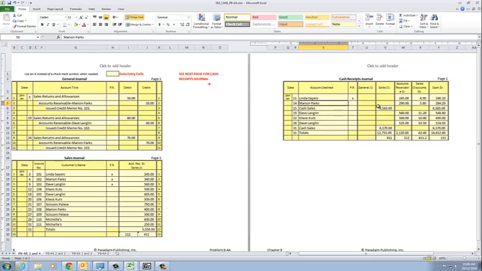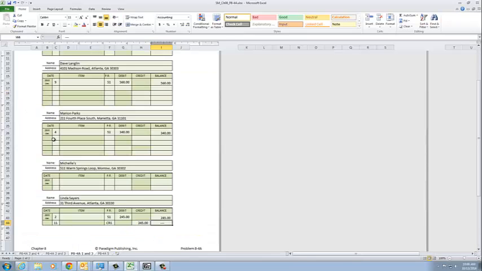Marion Parks accounts receivable got credited for $290 on the 14th. So on the 14th, from Cash Receipts, page 1, we got a $290 credit. So if we take the $340 debit and a $290 credit, the difference is $50.